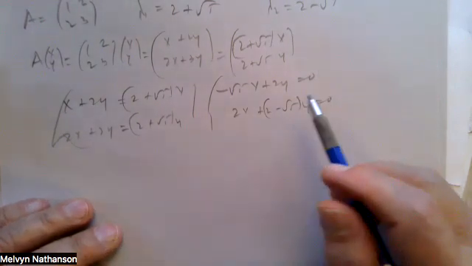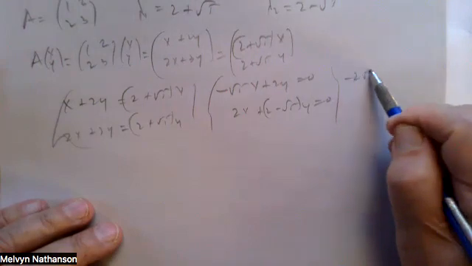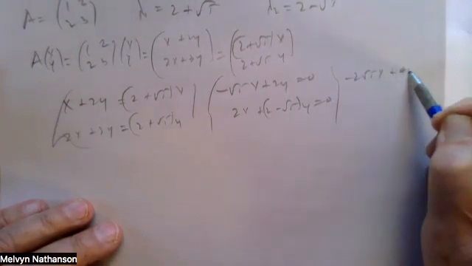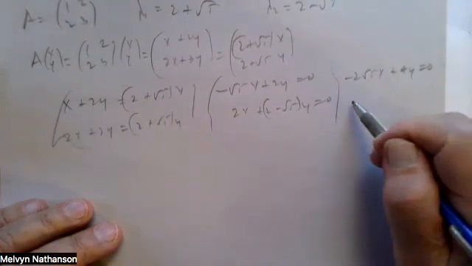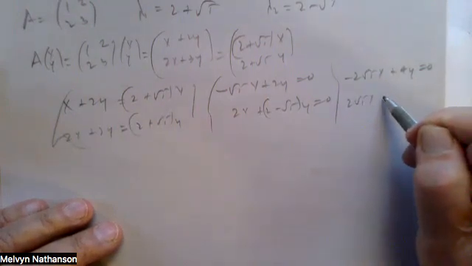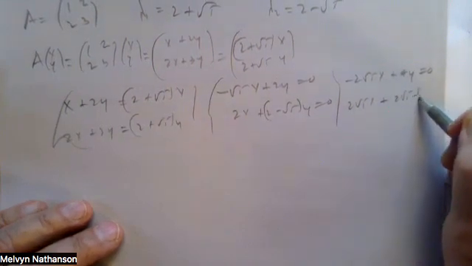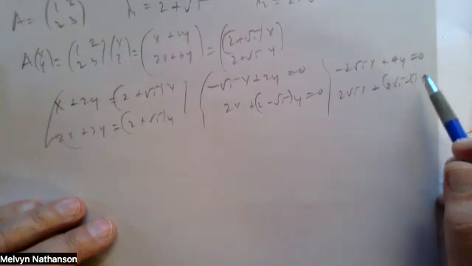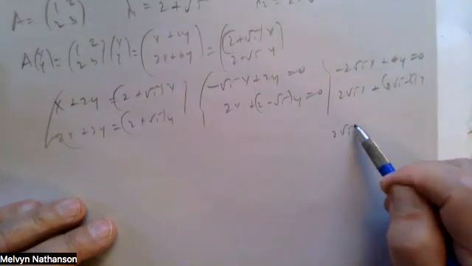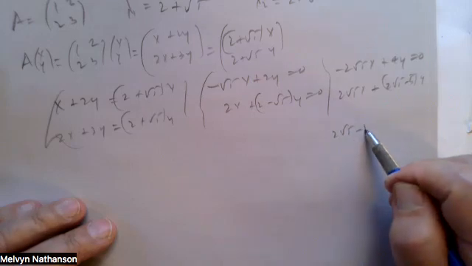So if I multiply the first equation by 2, and I multiply the second equation by root 5, and I add, I get 2 root 5 minus 1.